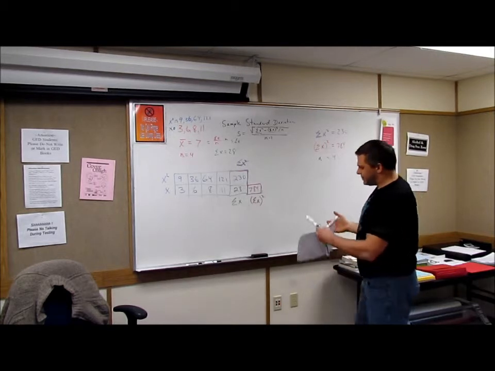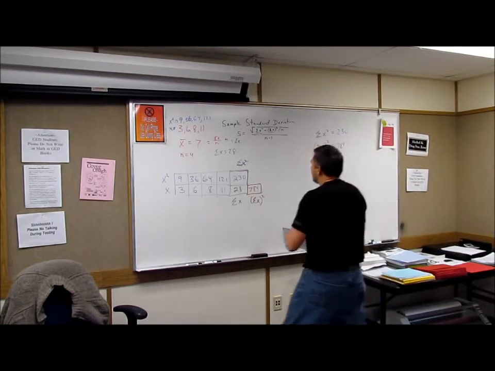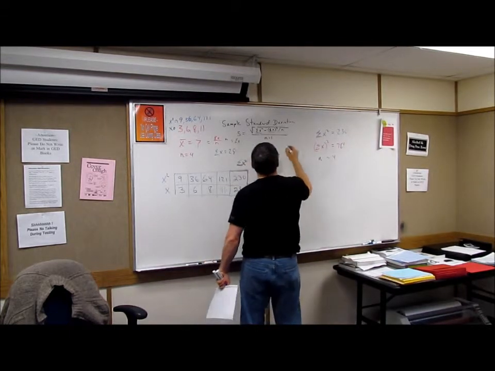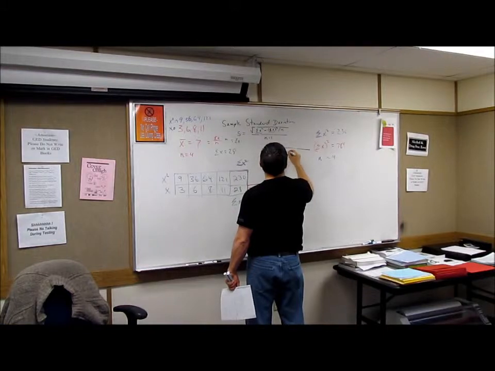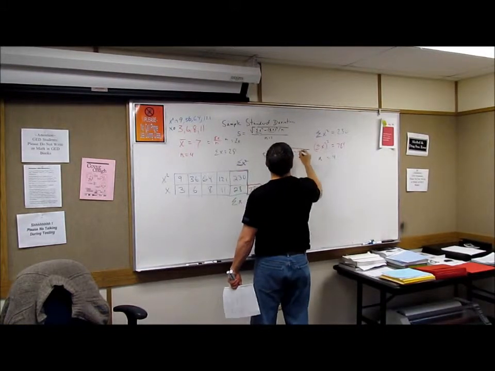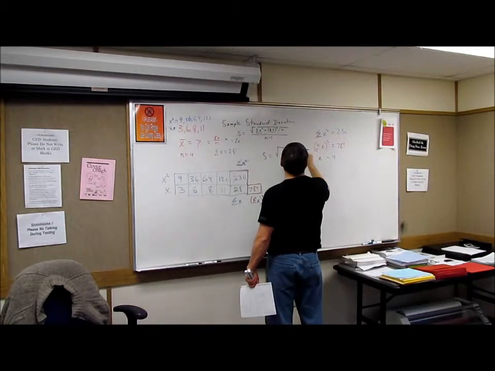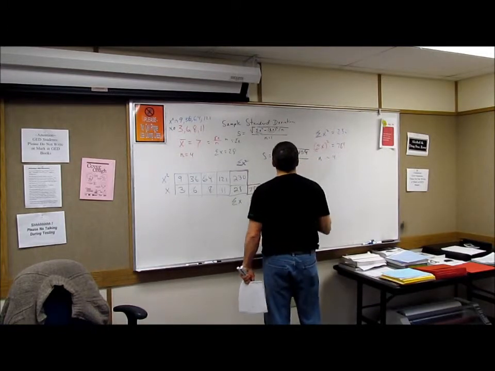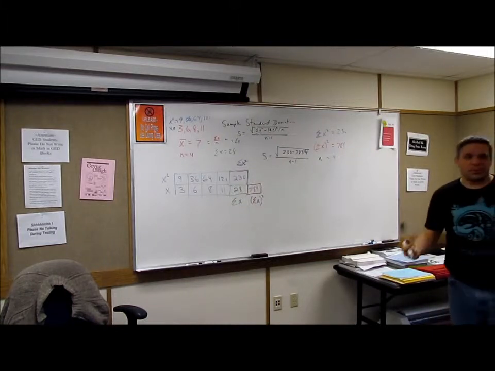So now I just plug it in, and I'll do that in black. So s is equal to the square root of 230 minus 784 divided by 4, all divided by 4 minus 1. And you have to follow your order of operations here.